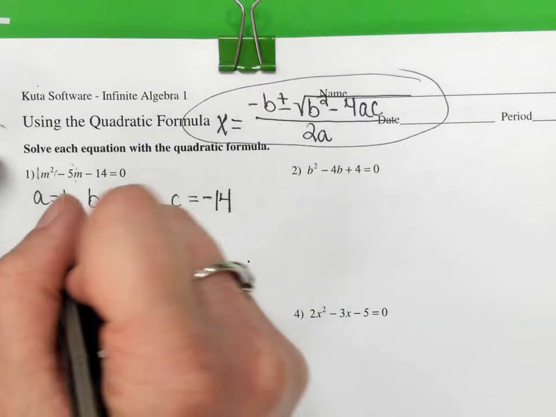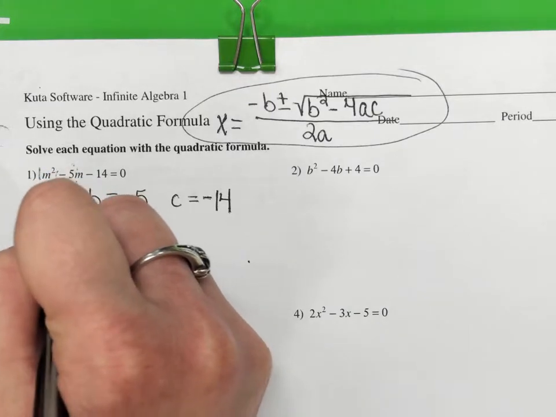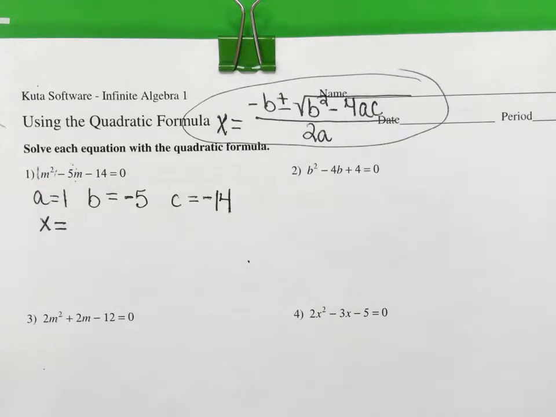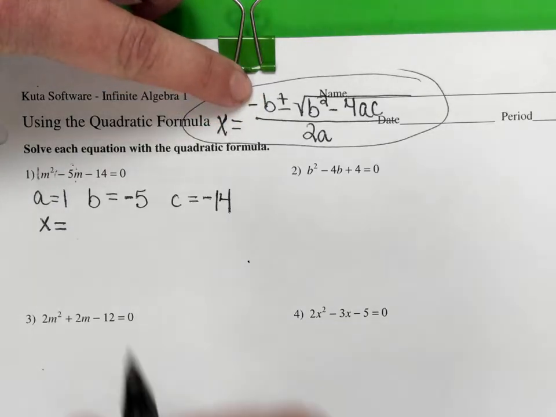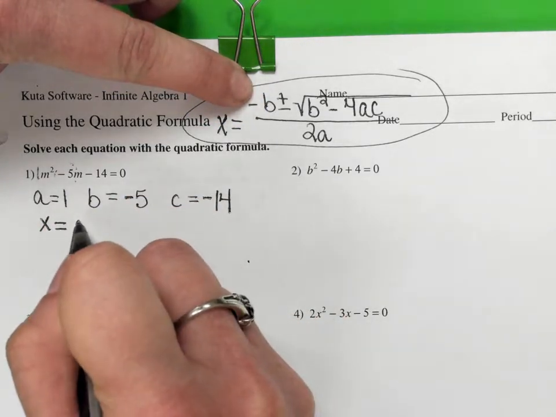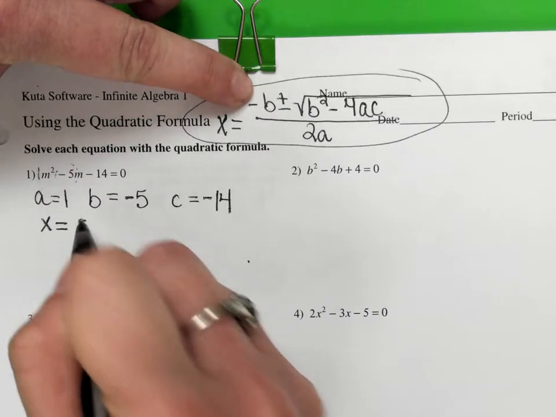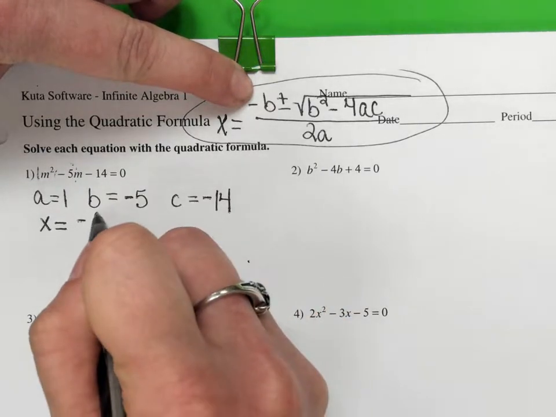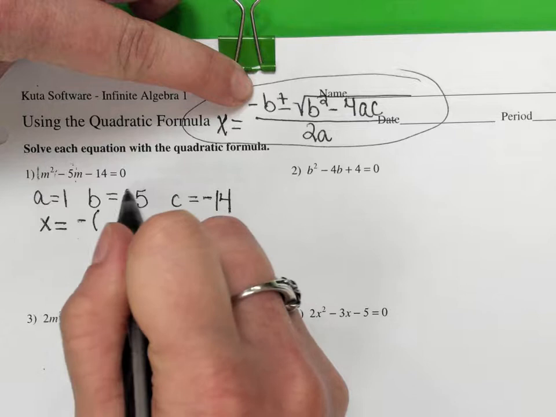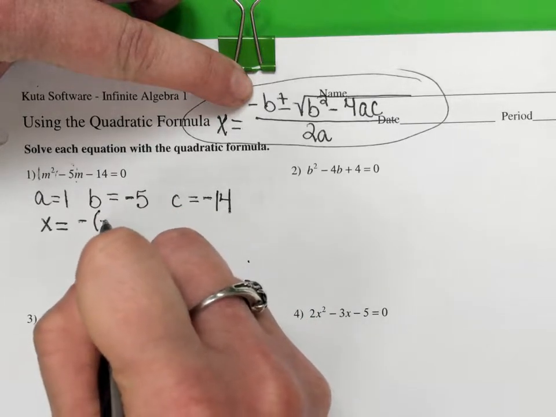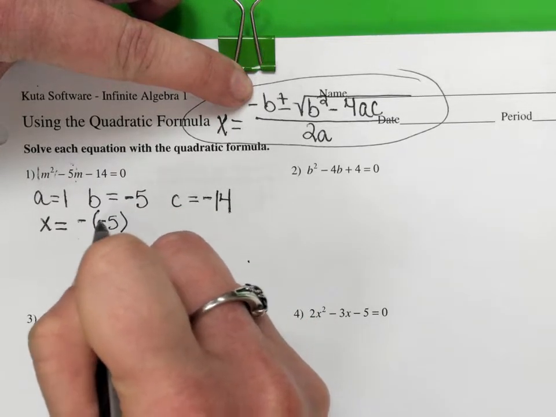All right, let's plug it in. You ready? X equals. All right, this is where you got to be careful. You ready? What comes first? Negative B. Negative. And then what's B? No, what is B? Negative 5. Negative 5. How many negatives do I have? 2.